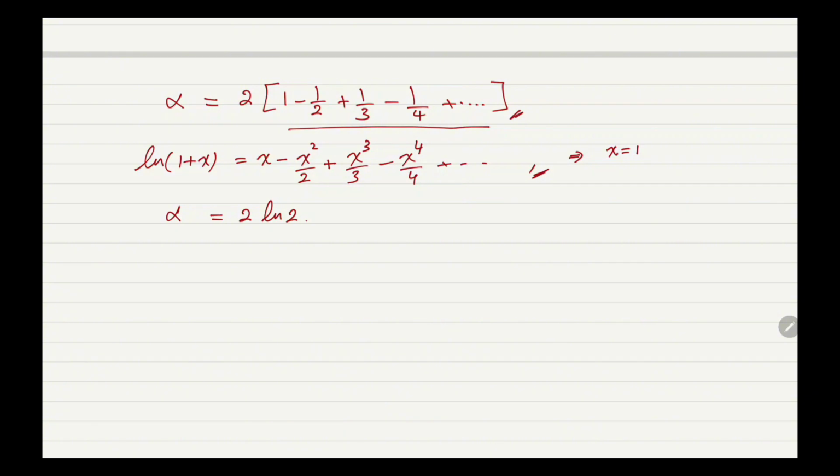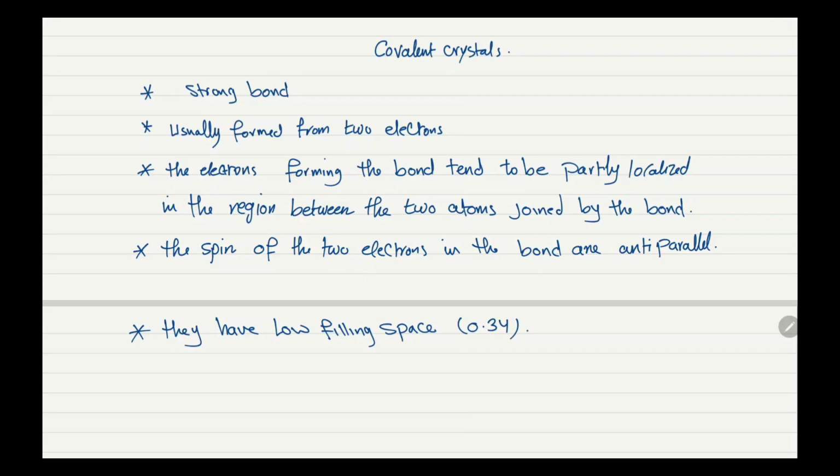Now let's move to another type of crystals: covalent crystals. In covalent crystals, there are strong bonds, usually formed from two electrons, and the electrons forming the bond tend to be partially localized in the region between the two atoms joined by the bond, and the spins of the two electrons in the bond are anti-parallel.